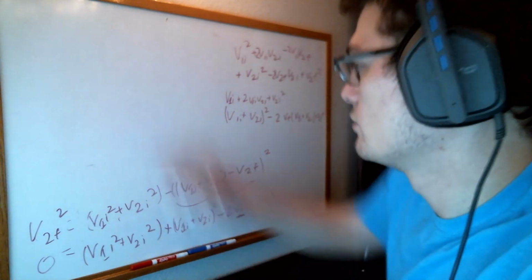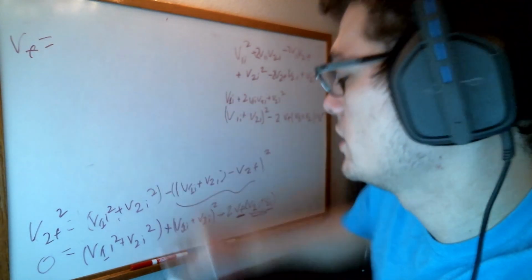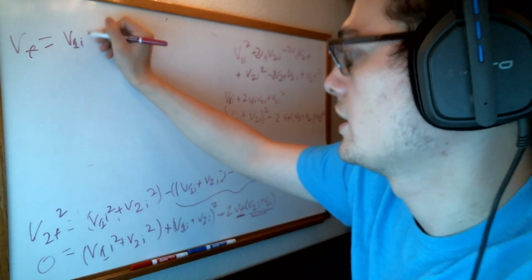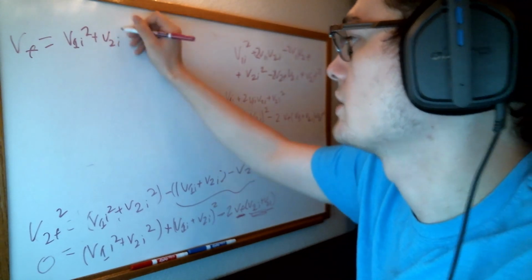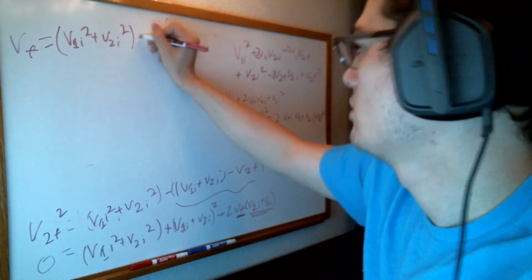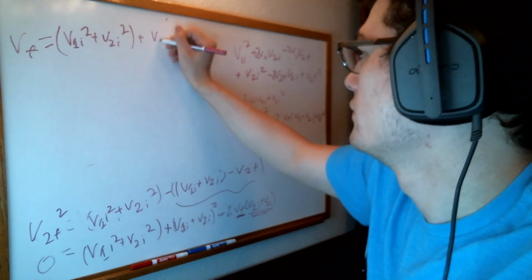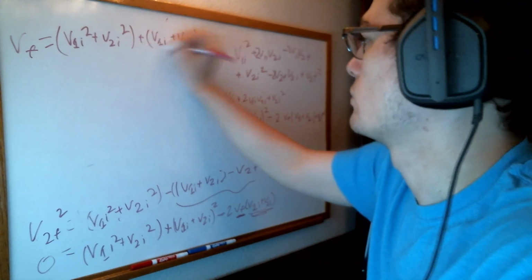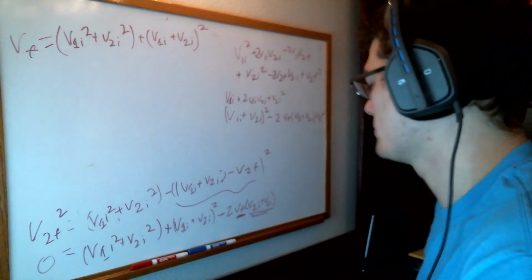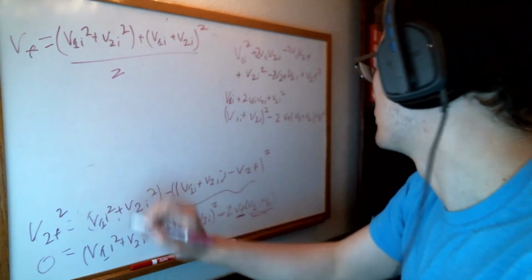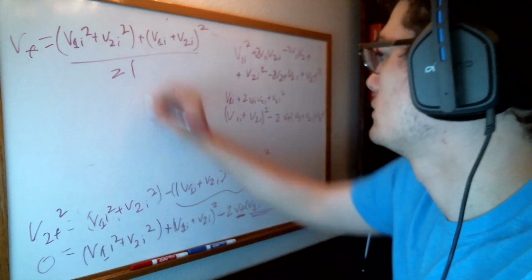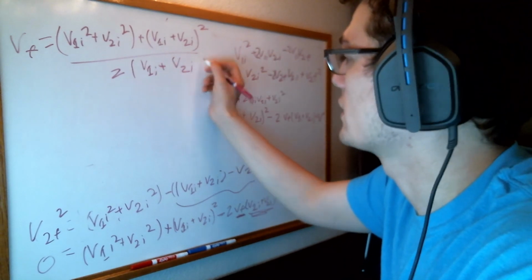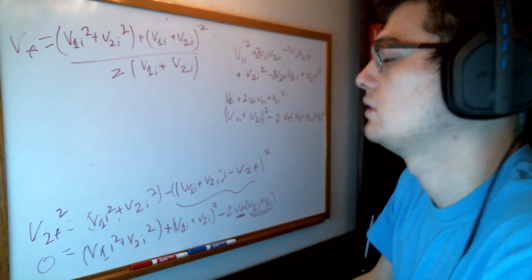Okay, so then we have that VF is going to be equal to everything over here, which is the quantity V1I squared plus V2I squared plus the quantity V1I plus V2I squared. And then this is where the division comes in, and we get over 2 times the quantity V1I plus V2I.